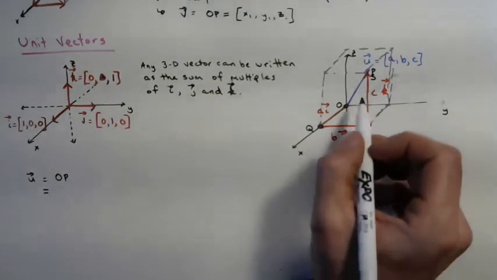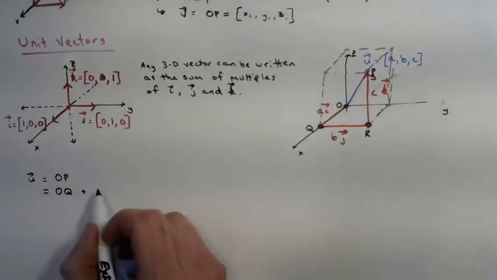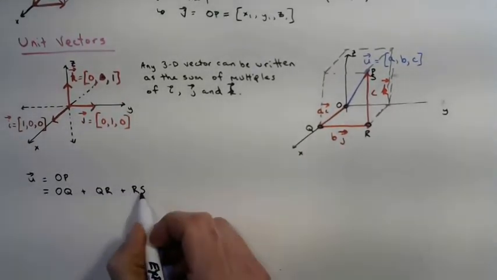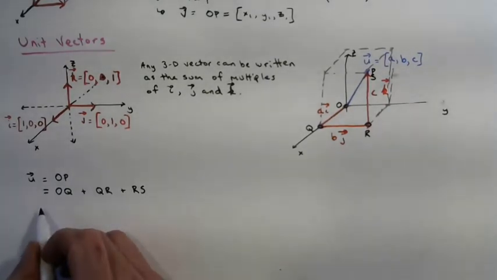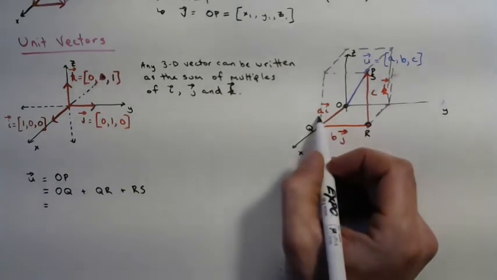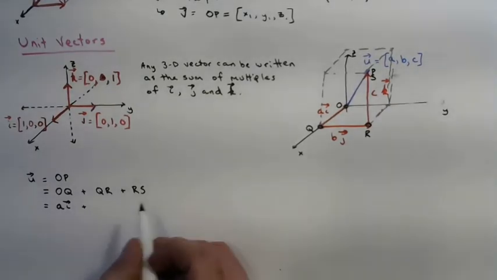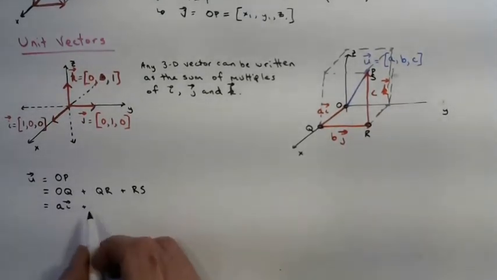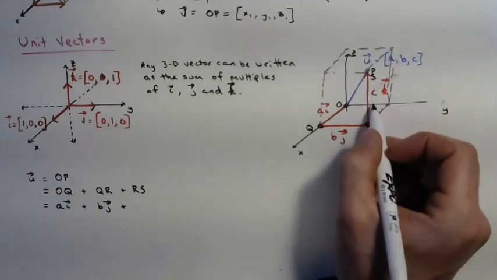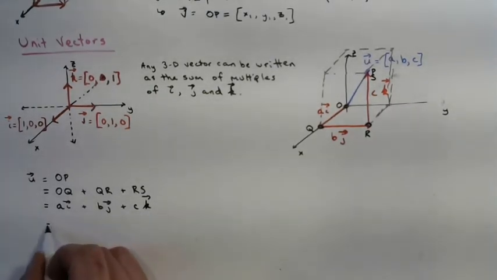At any rate, OP then is OQ, from the origin to Q, plus QR, plus RS. Now a lot of this you're kind of intuitively understanding already. I'm just breaking it up so you can see, well, what is OQ? OQ is some multiple of the unit vector i. It's ai. Well, QR is some multiple of the unit vector j. It's bj. And RS is some multiple of the unit vector k, ck.